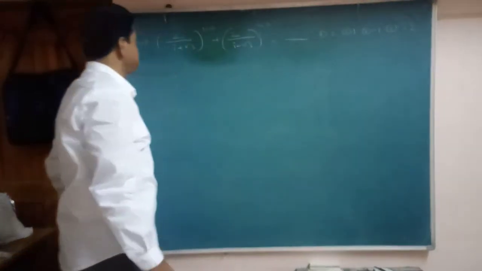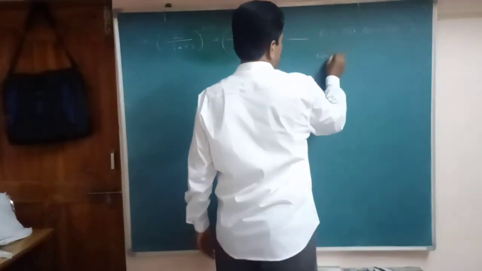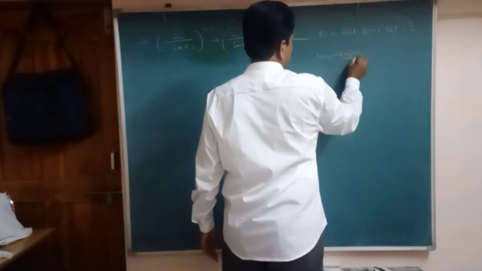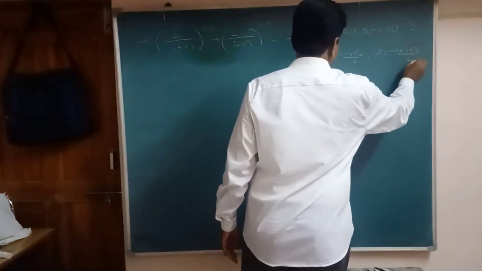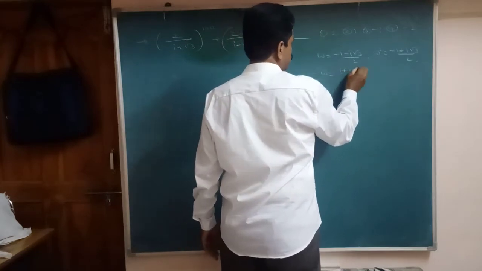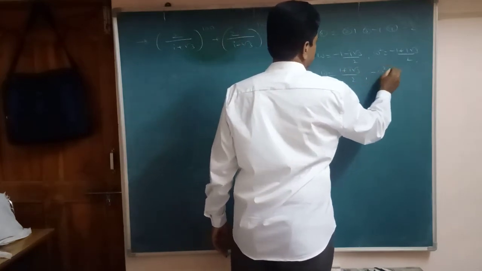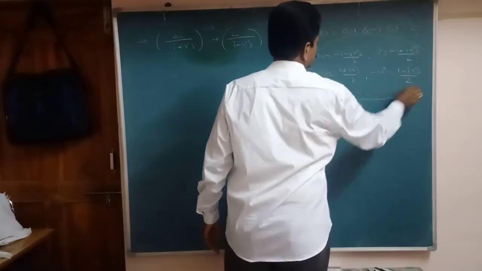Here, we know that omega value is how much here? Omega equal to minus 1 minus i root 3 by 2, and omega square equal to minus 1 plus i root 3 by 2. Here minus omega, 1 plus i root 3 by 2, and minus omega square equal to 1 minus i root 3 by 2. We know these values.